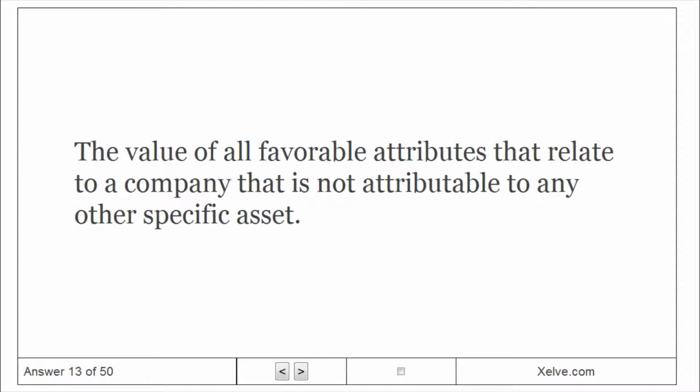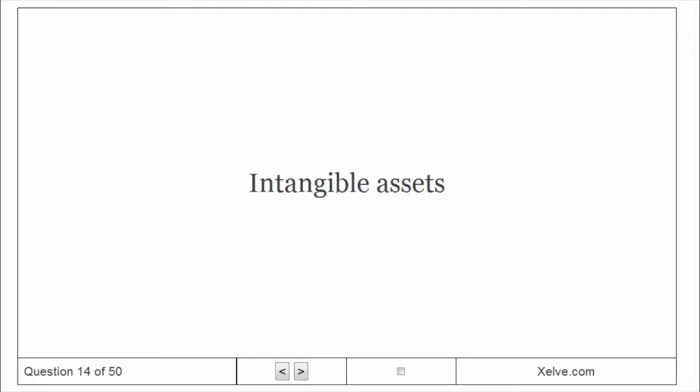Goodwill. The value of all favorable attributes that relate to a company that is not attributable to any other specific asset. Intangible assets.